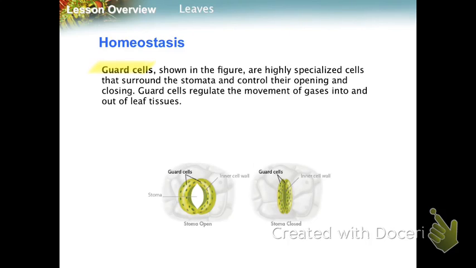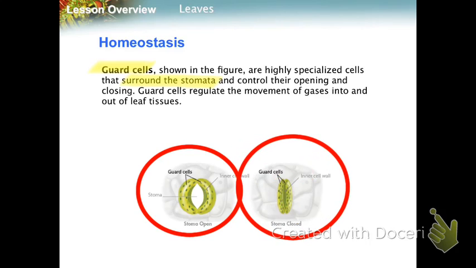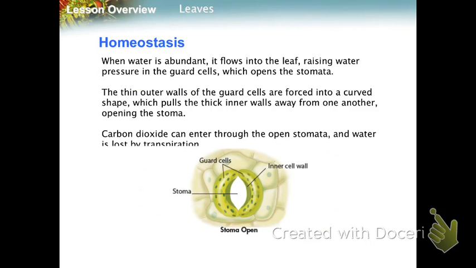The way that these stomata open and close is through these guard cells. Highly specialized cells, they surround the stomata and control the opening and closing. So doing that, they regulate the movement of gases into and out of the leaf tissues. If the stoma is open, gas exchange can happen. If the stoma is closed, it can't.